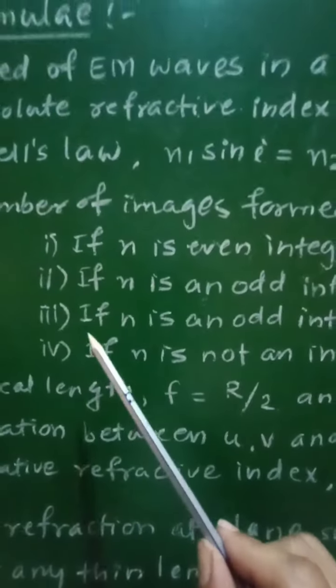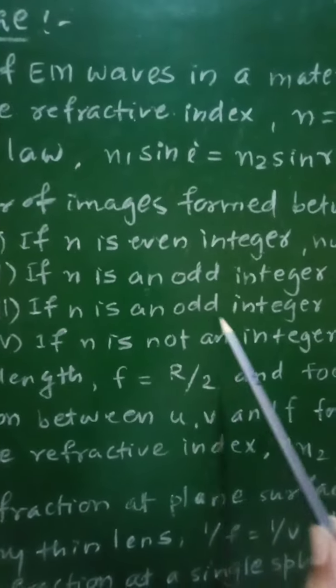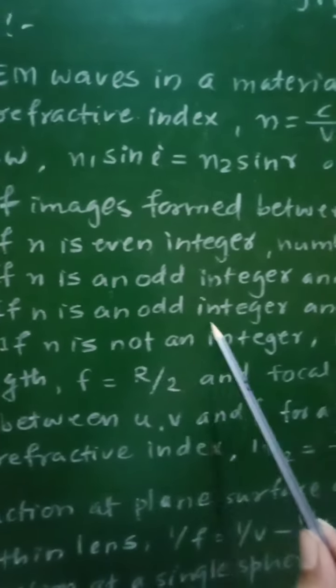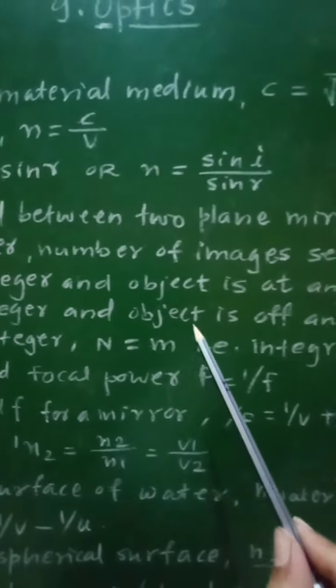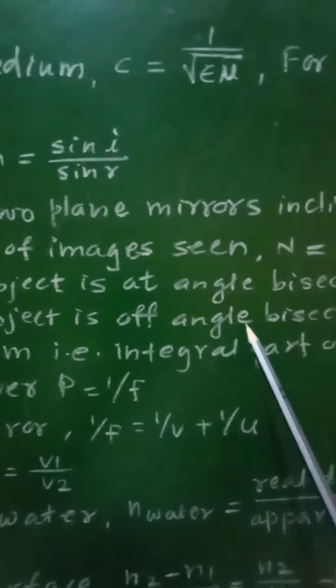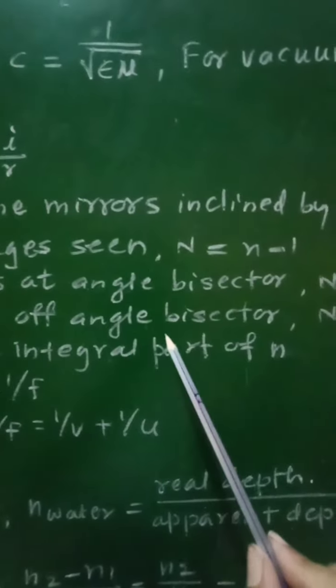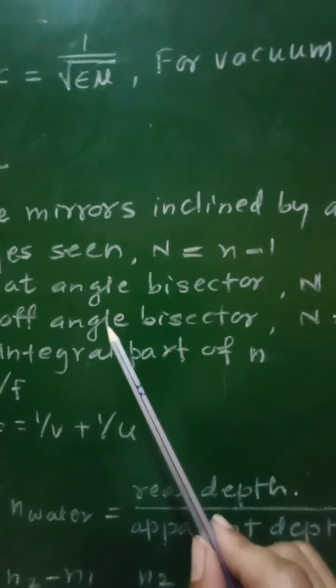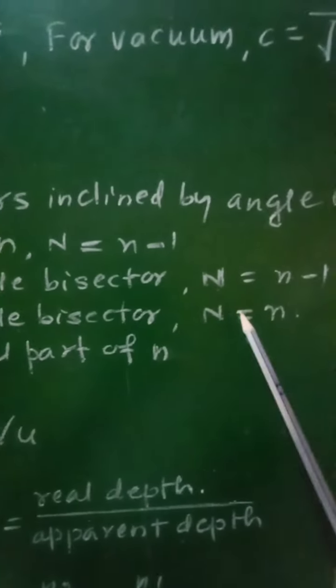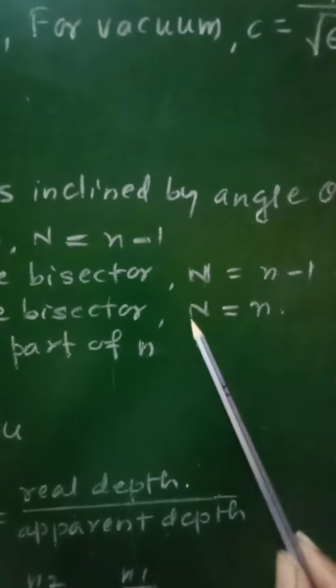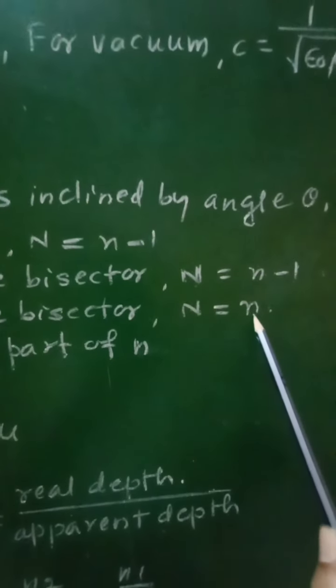Third, if n is an odd integer and the object is off the angle bisector, then the number of images seen will be equal to n.